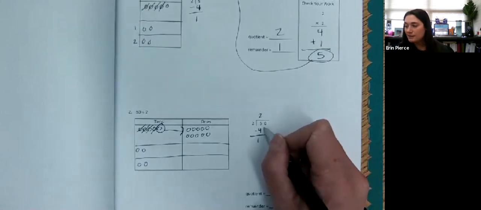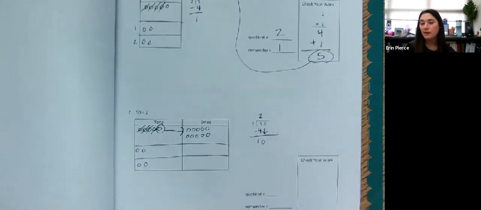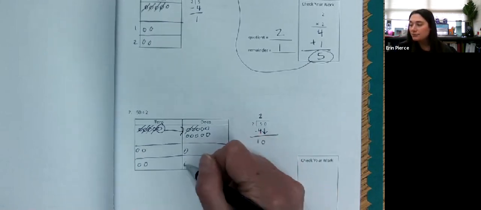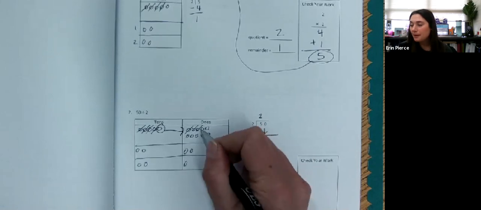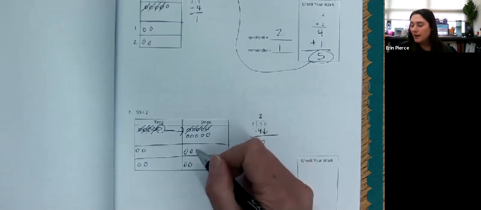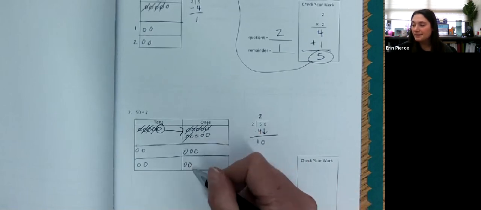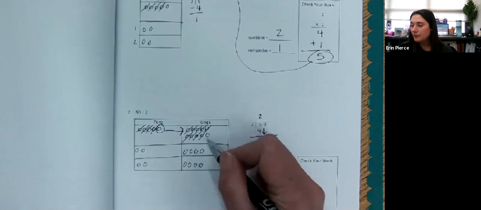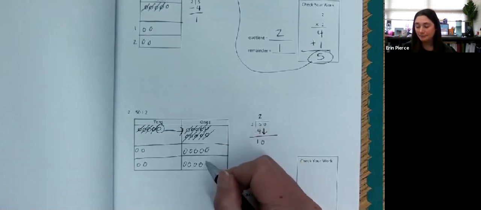Meaning I have to bring this 0 down, and I'm now dividing 10 divided by 2. So again, I'm splitting up 10. 1, 2, 3, 4, 5, 6, 7, 8, 9, 10.